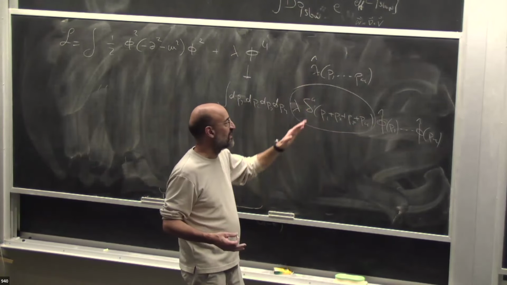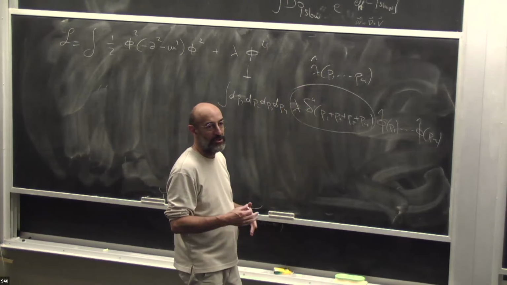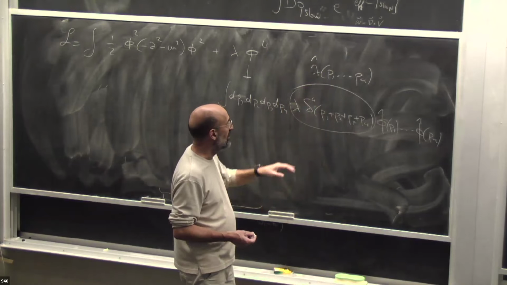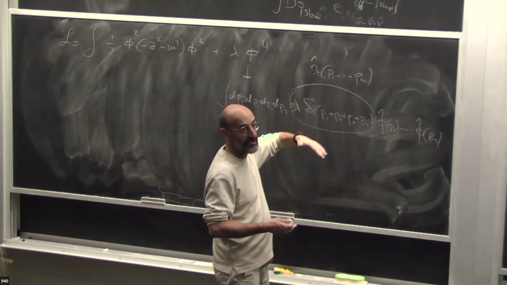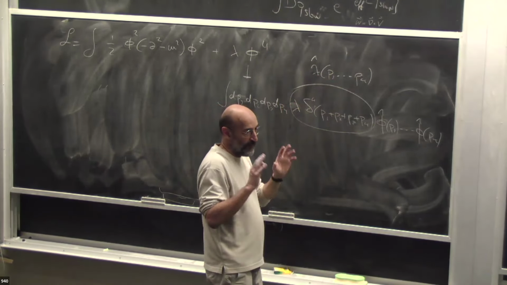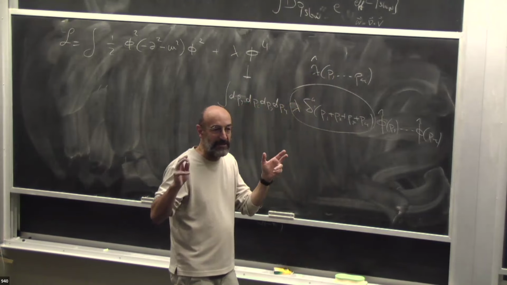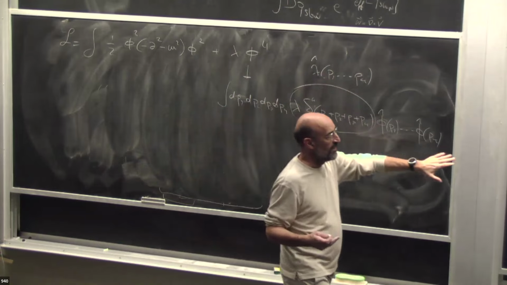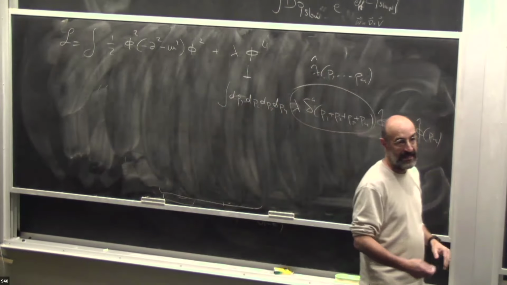You can view this as an external field, which can even transform under symmetries, but in the end takes this expectation value. Now, if you treat this with the same game that we have been playing so far, as an object that transforms under symmetries, you can restore the original symmetry.